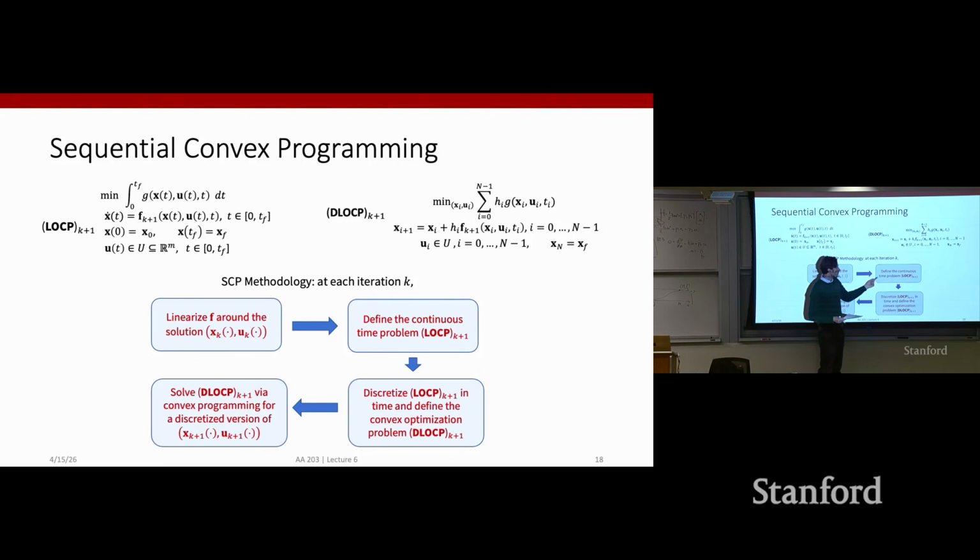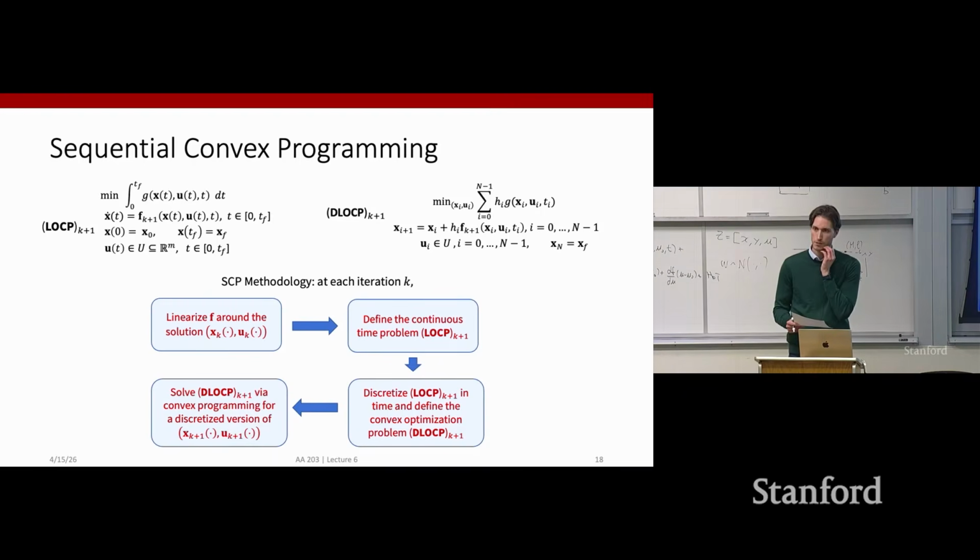This would then lead us into defining a continuous time, but linear optimal control problem, which we discretize in time, which leads to our convex optimization problem, which we can solve reliably, efficiently, and to the global minimum, which leads to having an updated nominal trajectory, and we keep iterating on this loop, right? Until some termination criteria is reached.